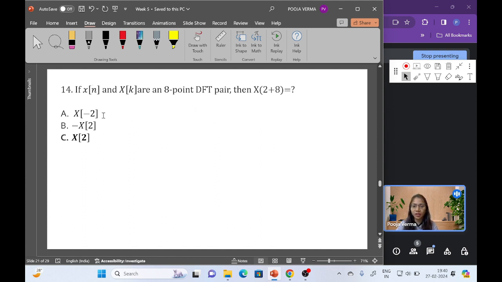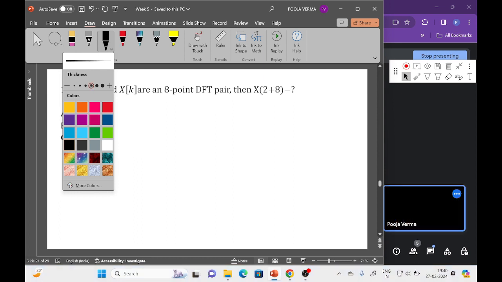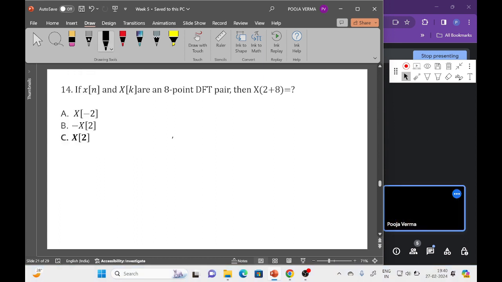So moving to the next question: if x of n and X of k are an 8-point DFT pair, then x of n plus 8 will be what? So this is also one property.